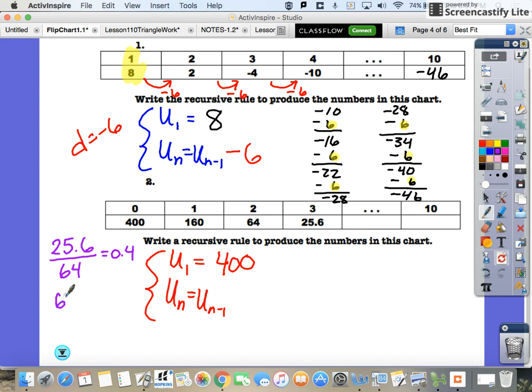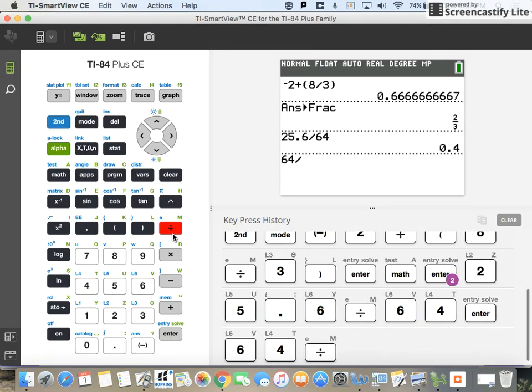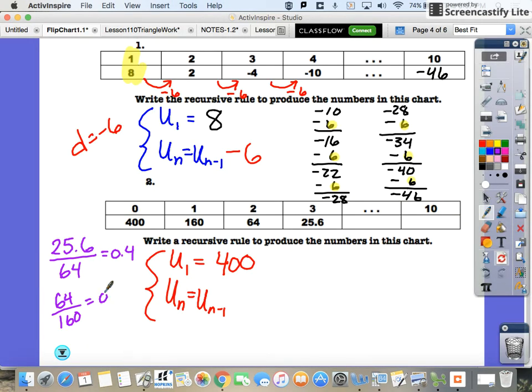Then do it again. 64 divided by the one before it is 0.4. So we keep getting 0.4. That means r equals 0.4. So we'll multiply by 0.4.